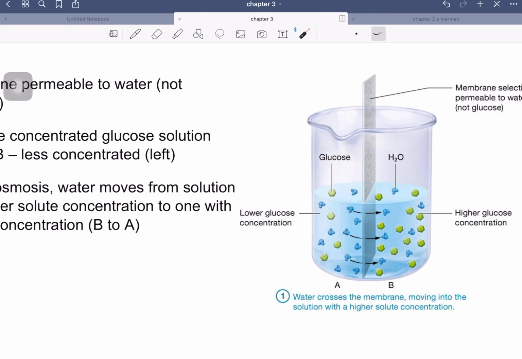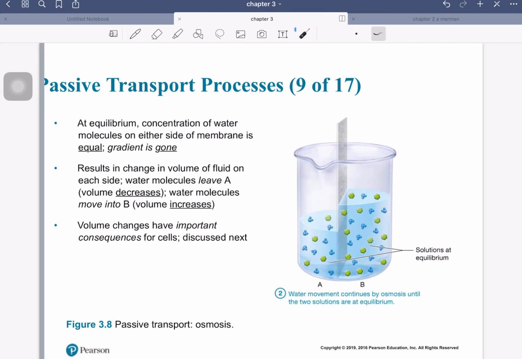And as we said, osmosis is about moving from an area where there's a lot of water molecules proportionally to areas where there's not as much water. Now, of course, as we said earlier, as water moves across, there's going to be a net loss of water here, and there's going to be a gain of water here. So the volume will change on this side. But you notice that the net result is that we end up with an equal concentration of the solutes within the solvents.